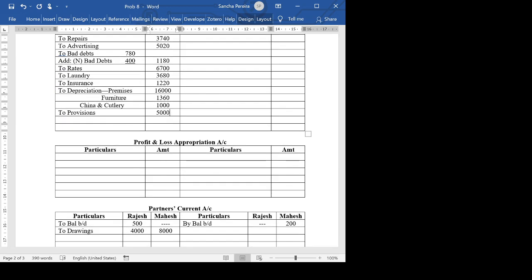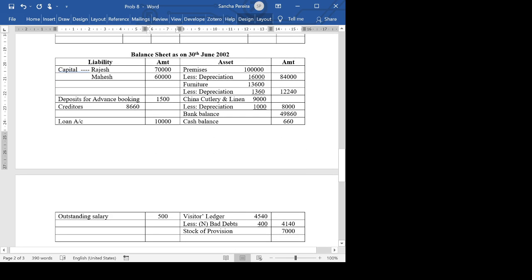And the second effect will be adding it to creditors, as unrecorded purchases.